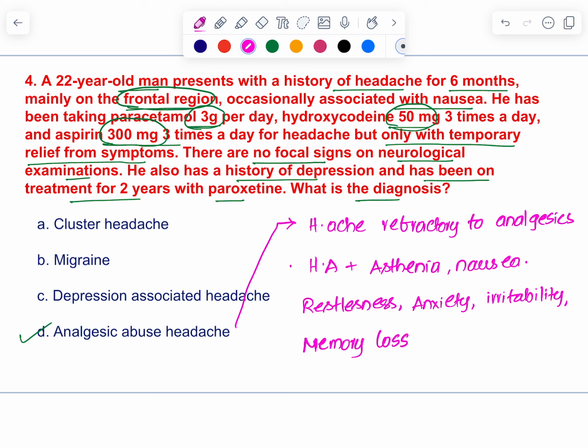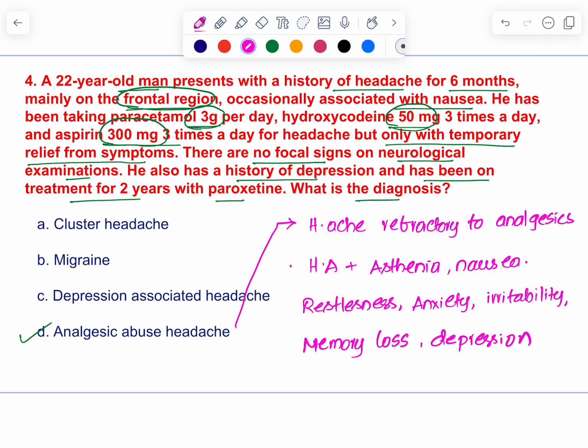Memory problems, and they also have difficulty in intellectual concentration. And these patients with analgesic abuse headache also have a sort of depression. These are all the features of analgesic abuse headache.